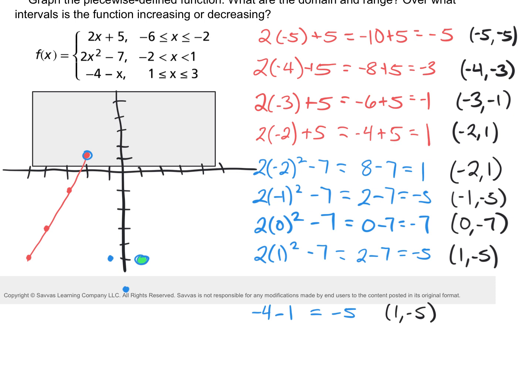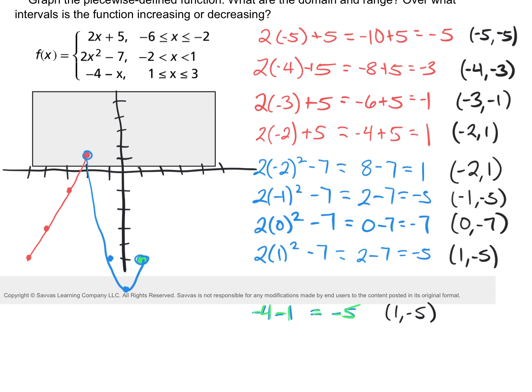We're almost done. What's my next x value? It is 2. Which interval does 2 fall into? The third one.